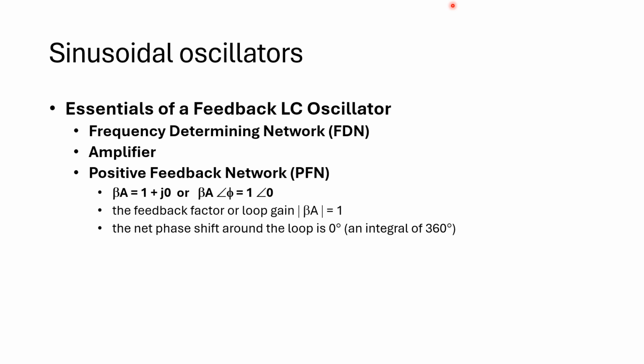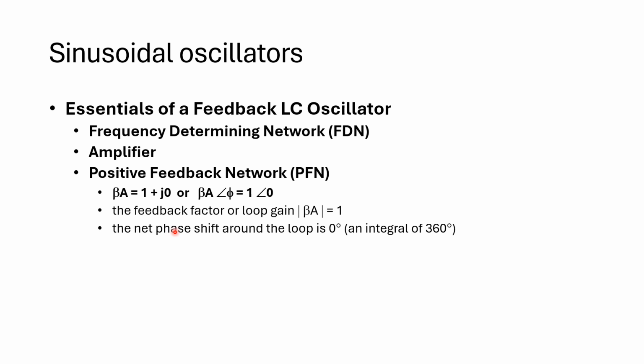Okay, so for the initial condition for maintaining oscillations, we have to take note of the following. We have your BA, which must be equal to 1 plus j0, or BA must be equal to 1 with zero phasing.